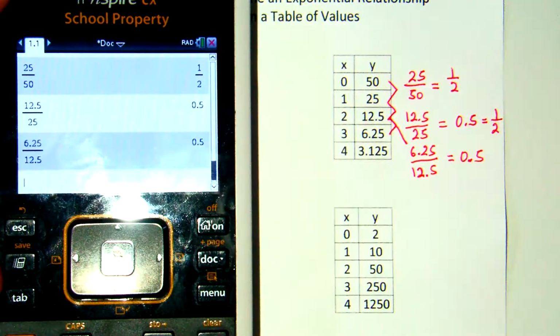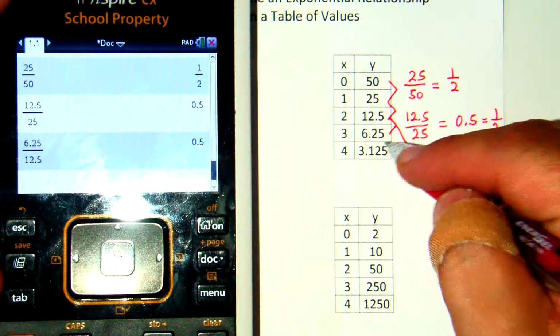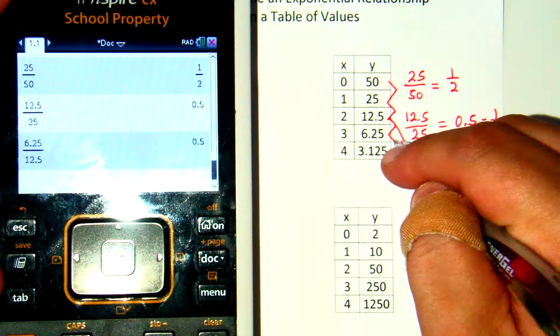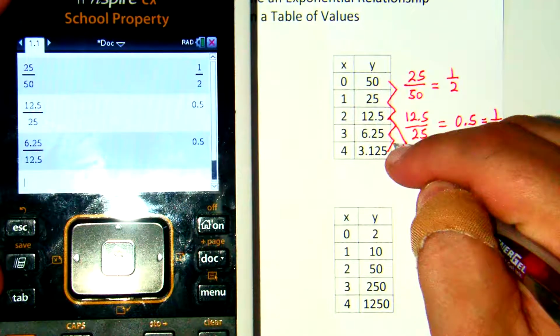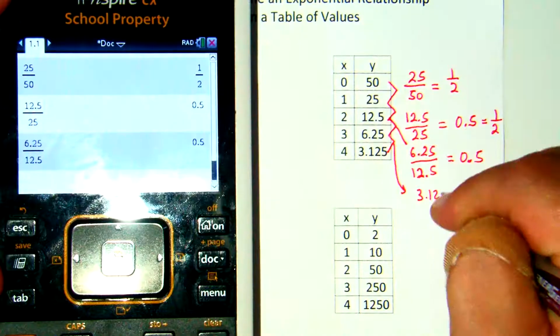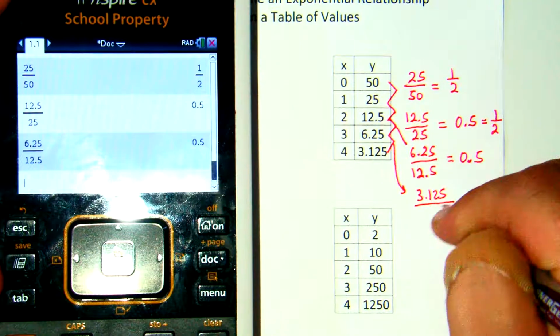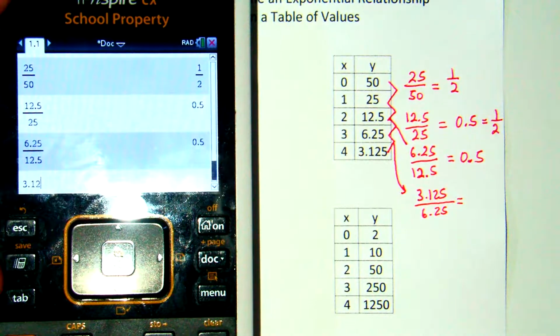And so we can do this one more time. We take those two, and we'll do this one over here. So 3.125 divided by 6.25, and we get 0.5 again.